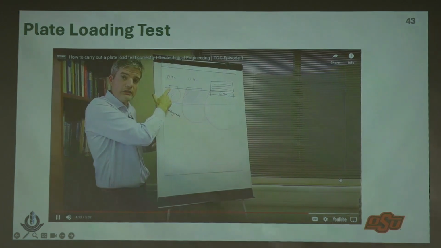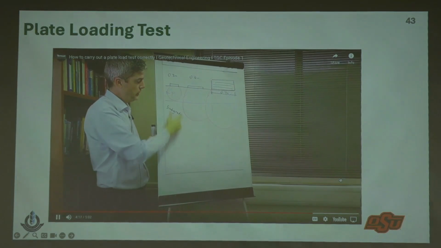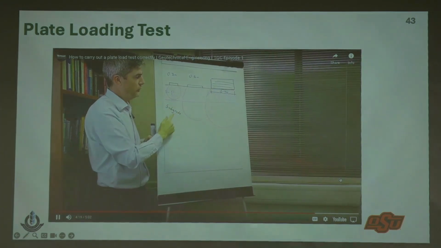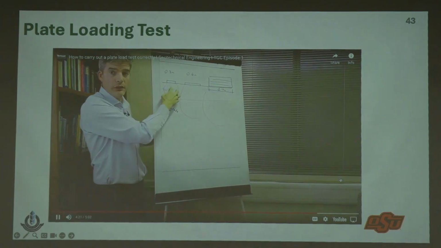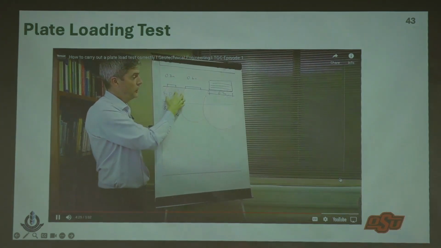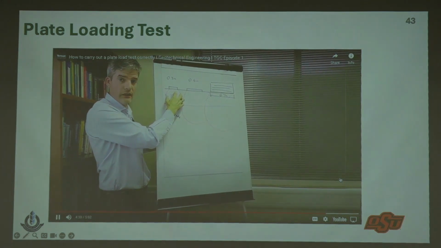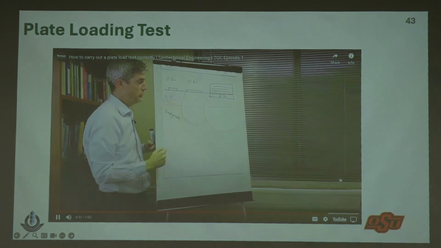That small plate is clearly inadequate to verify the design of the working platform because it does not have the correct depth of influence. This could be used as a quality control test just to check whether the granular layer is as was assumed in the design and has been compacted according to the specifications.